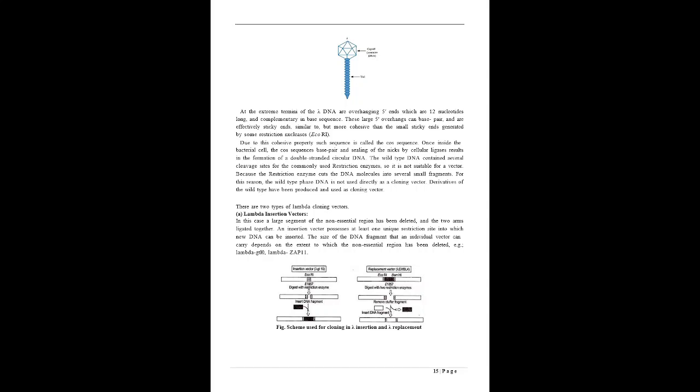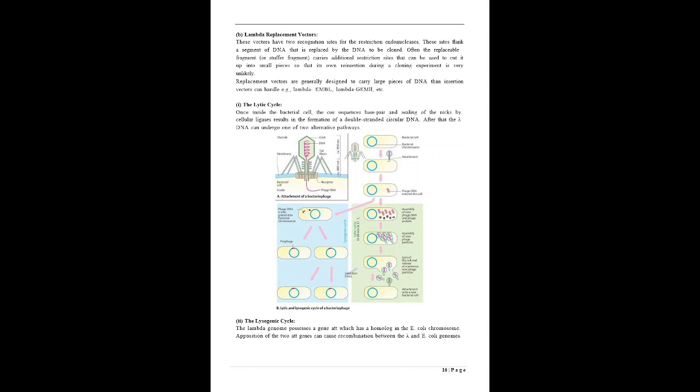Now there are two types of lambda cloning vectors. One is the lambda insertion vector, where a large portion of the non-essential DNA is deleted from the phage genome. It contains a single restriction site where new foreign DNA can be inserted. And the other one is the lambda replacement vector.